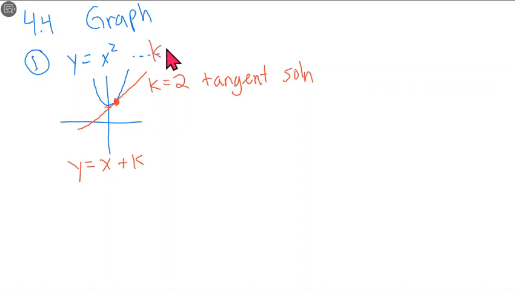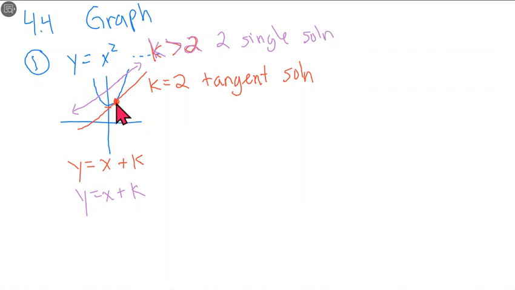Now, if I were to shift this graph up, I'm going to change the color here. Let's make k more than 2. That would shift the line up, and I would get 2 single solutions. There it is, 2 single solutions. Now let's say I'm being really fancy. What if I shift the line down? Notice that's just a y-intercept less than 2 here.